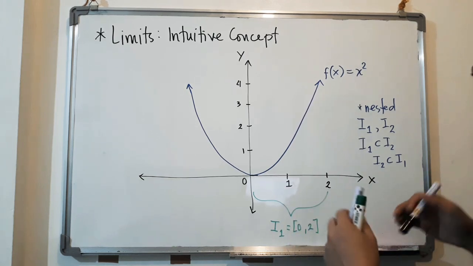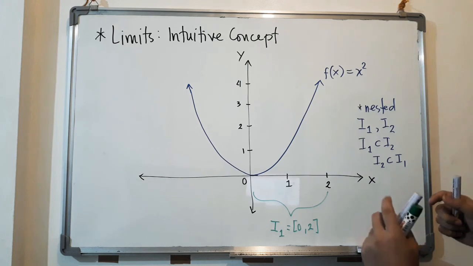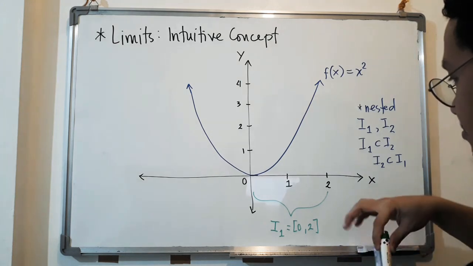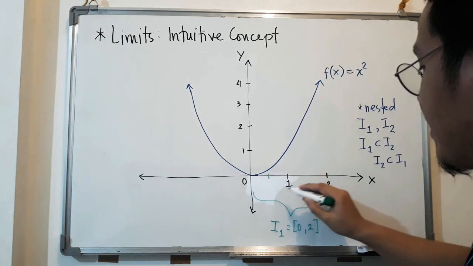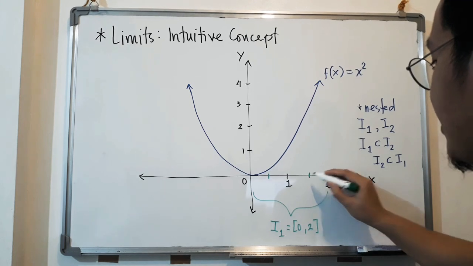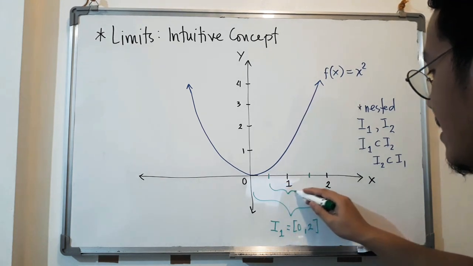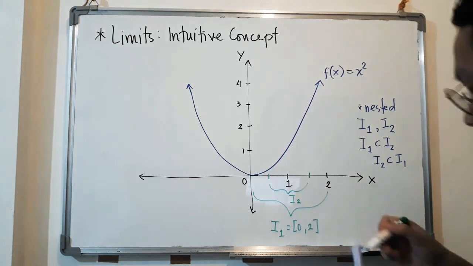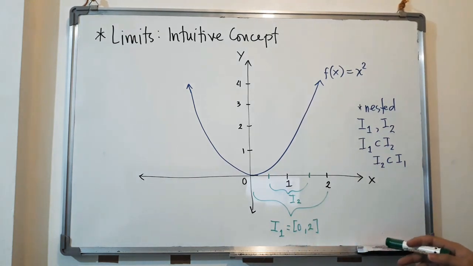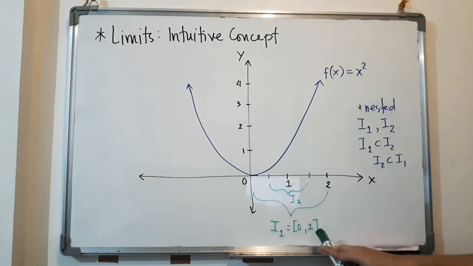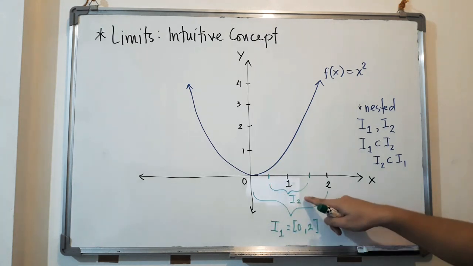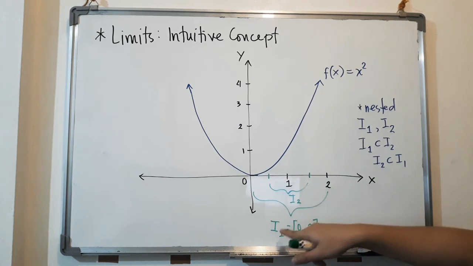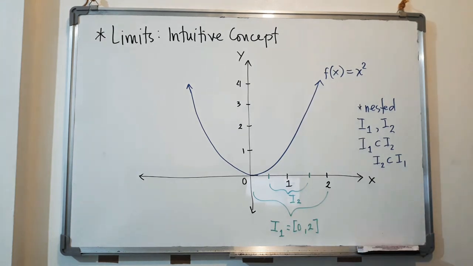And so we will introduce a nested interval, say from 0.5 to 1.5. And say we label this as I sub 2. Therefore, I sub 2 and I sub 1 are nested intervals because I sub 2 is a proper subset of I sub 1. When you say proper subset, all the elements of the interval I sub 2 are elements of the interval I sub 1.